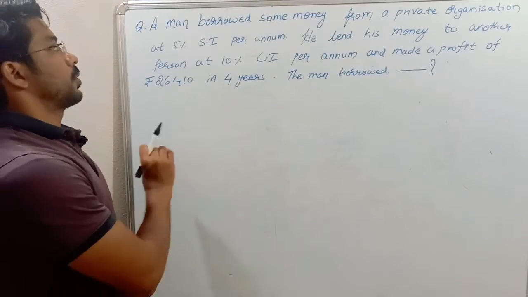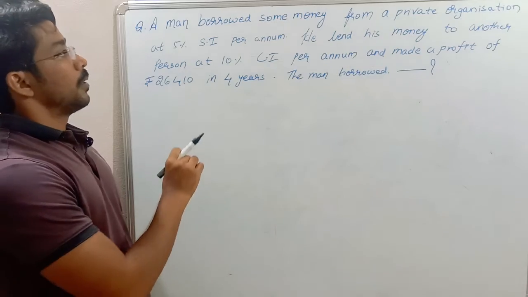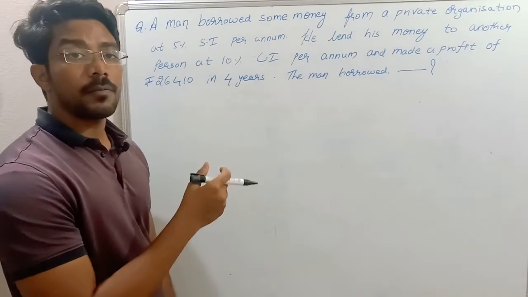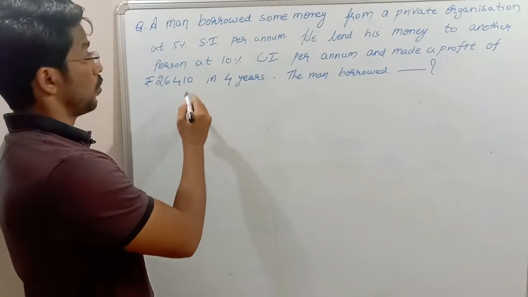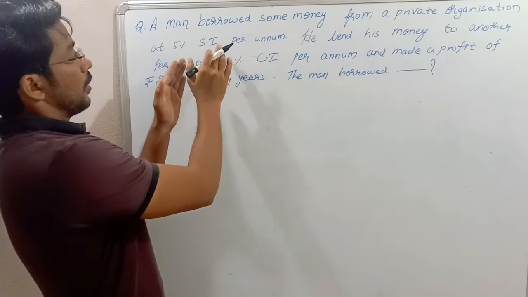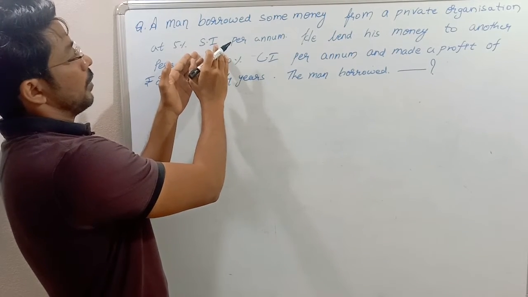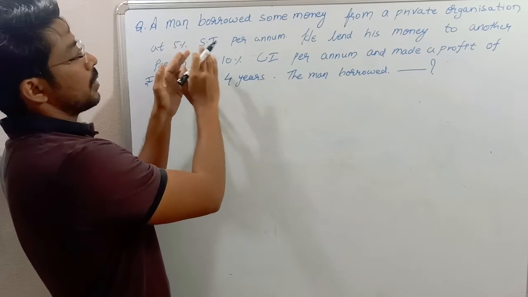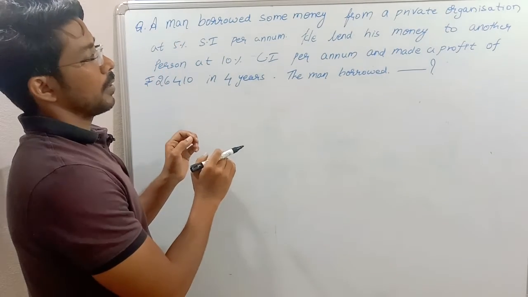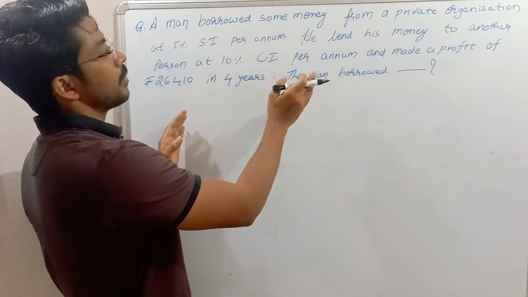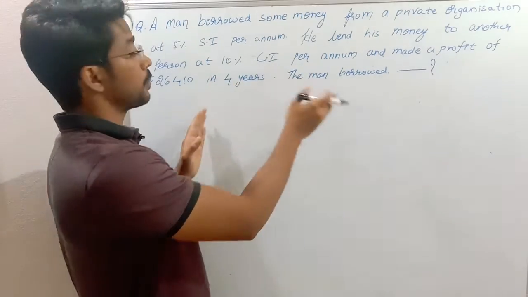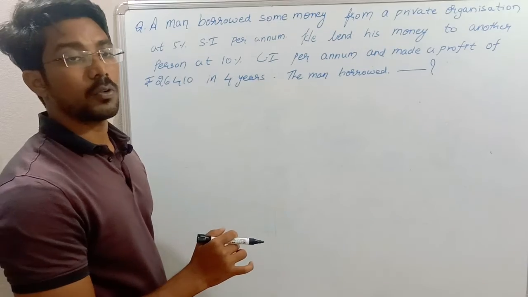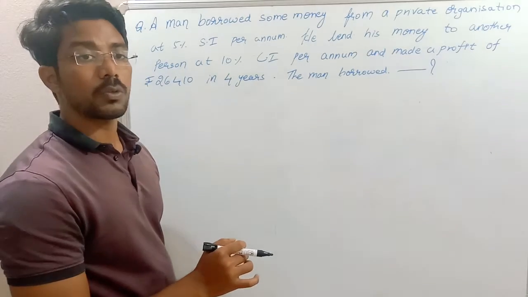Now in this question, a man borrowed some money from a private organization at 5% simple interest, and immediately he lent that borrowed money to another person at 10% compound interest. So in this question there are two conditions.